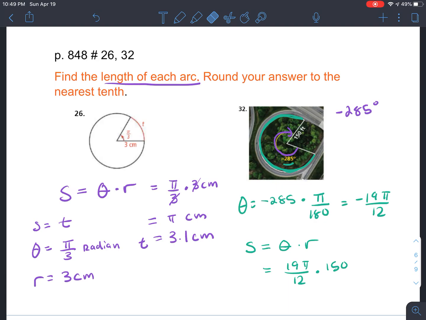Again, because we're looking at a length that cannot be negative. Now, when you type this all into your calculator, you get 746.1, and the unit here is feet. Okay? So again, we want it to be positive because length is always positive. Angle measurements can be negative because of their direction.